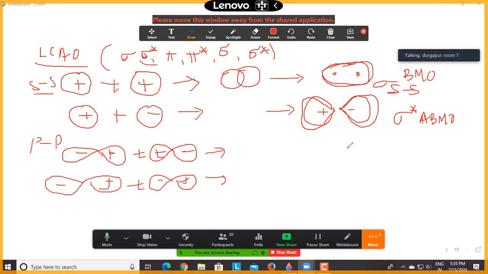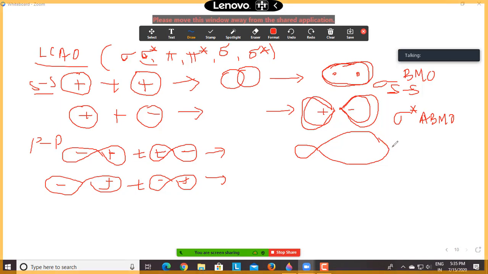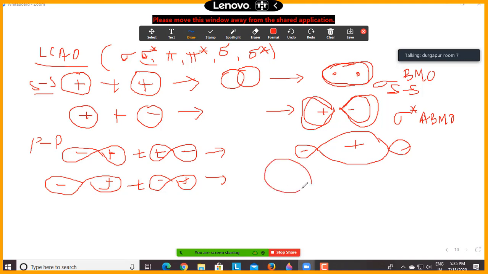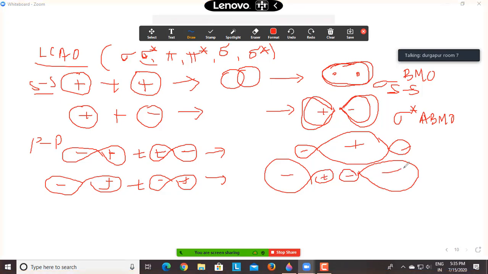During mixing, I'm not drawing, that you know. So after mixing, they will give you like this. So this is minus, this is minus, this is plus. And these two after mixing will be like this. This is plus, this is minus, this is minus, this is plus.